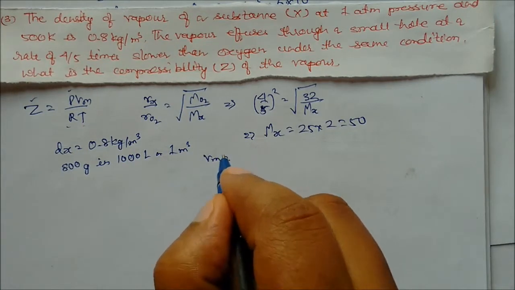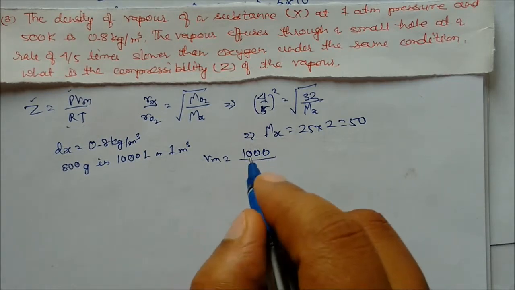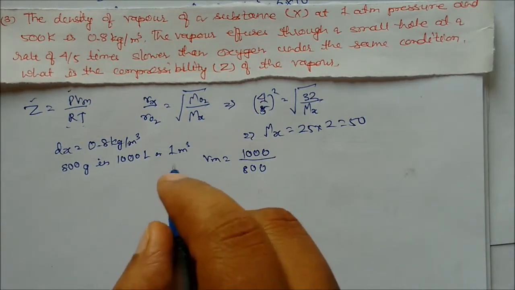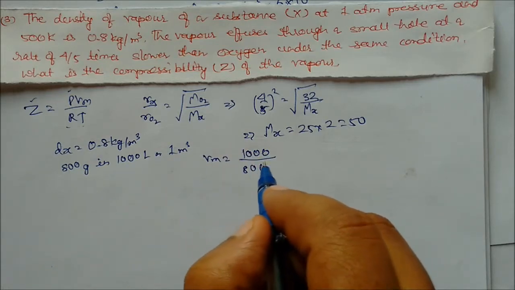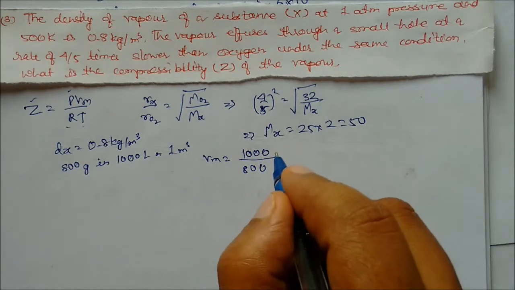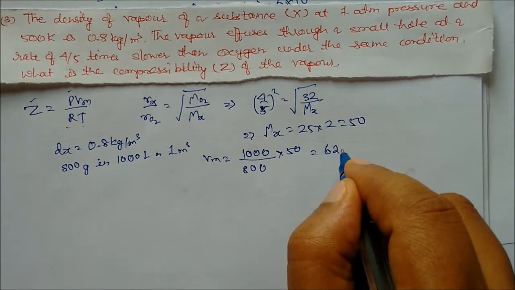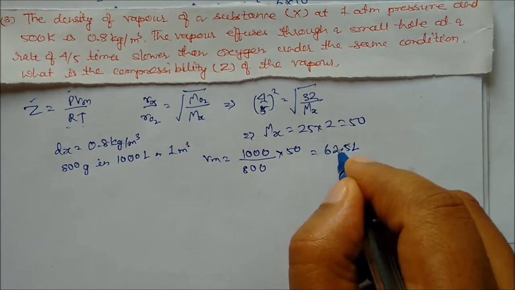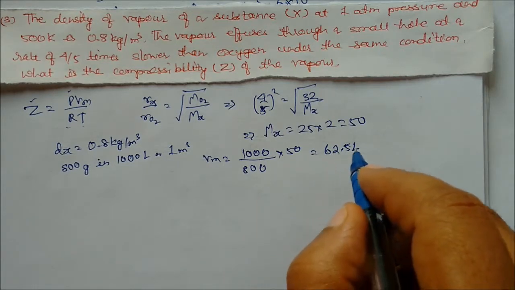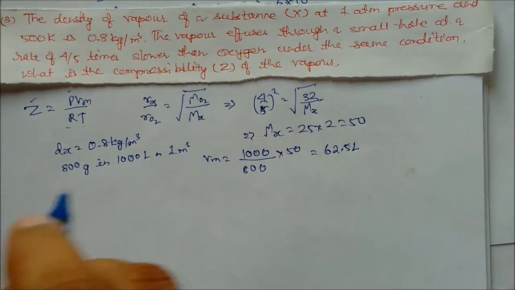So the molar volume will be 1000 by 800, multiplied by 50. So we will get here 62.5 liter, M by V, this will be 62.5 liter.